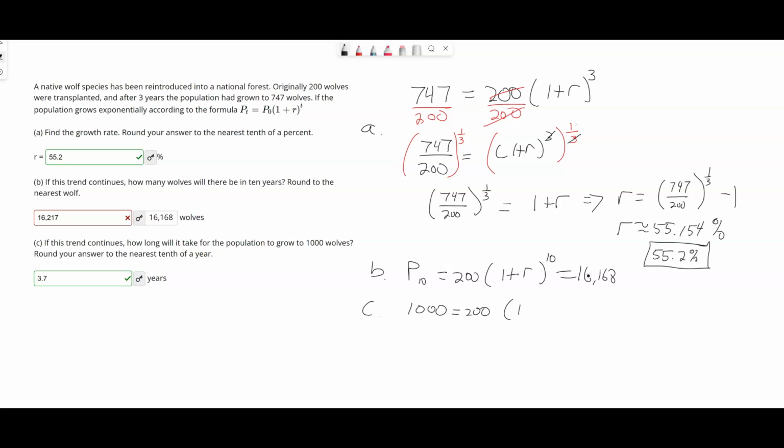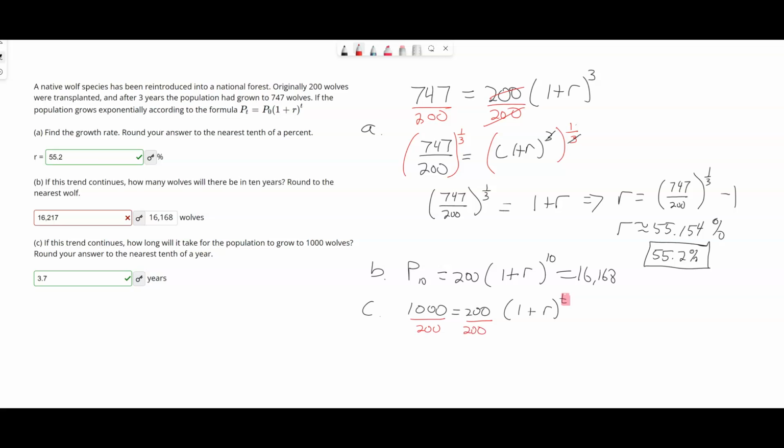We have the real value for r, but I'm still going to write it r, to the t. Okay, divide by 200. We now want to solve for t. We're trying to solve for t, not r. We know what r is. I just didn't want to write down that big long decimal when writing it as r is such a nice way to write it.